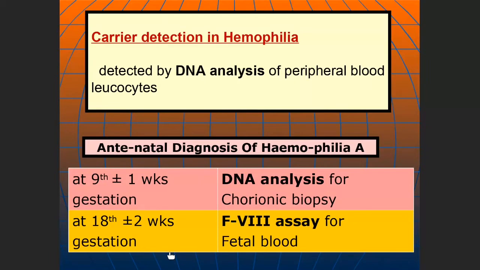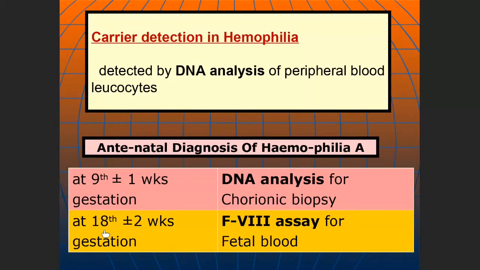How can we diagnose hemophilia A antenatally during pregnancy? How do we know whether the fetus in utero is affected by hemophilia or not? Antenatal diagnosis: during the first 10 weeks of gestation, we take a chorionic biopsy and do DNA analysis to see the abnormal gene.